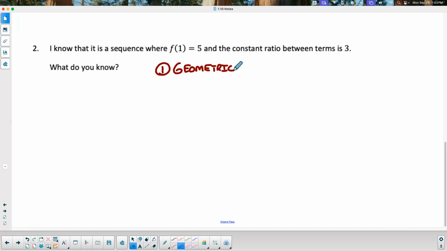So we don't need to find R. So what's the explicit formula to go along with it? F of n equals 5 times 3 to the power of n minus 1. Okay. What's the recursive formula to go along with it?